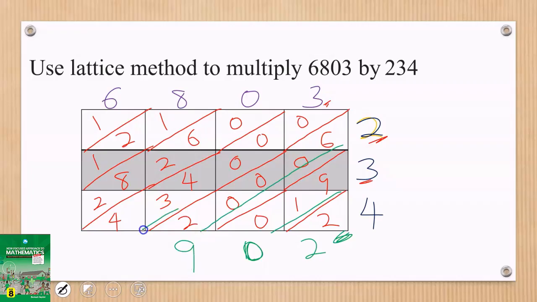Then the next diagonal we have 0, 0, 0, 4, 7 plus 4 again will give us 11. So we have 1, remainder 1 again.